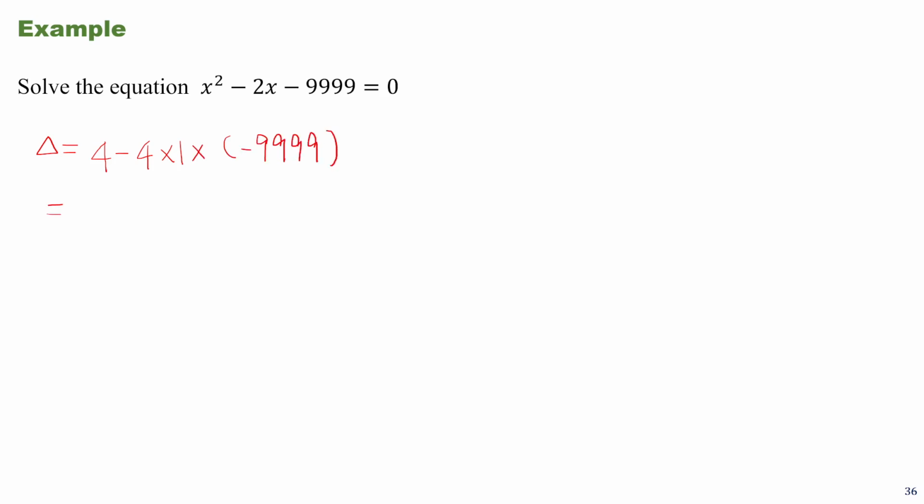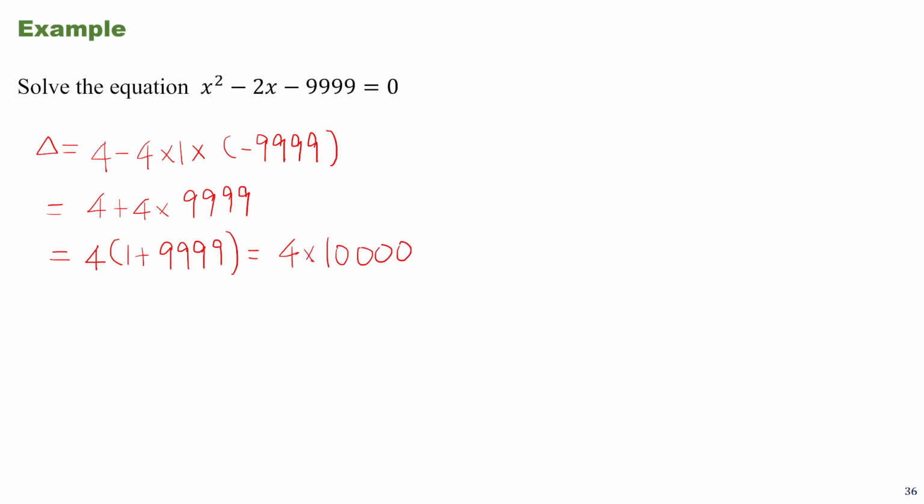And this will give us 4 plus 4 times 9999. And 4 is a common factor, so put it in front, and then 1 plus 9999, right? And that'll give you 4 times 10,000.